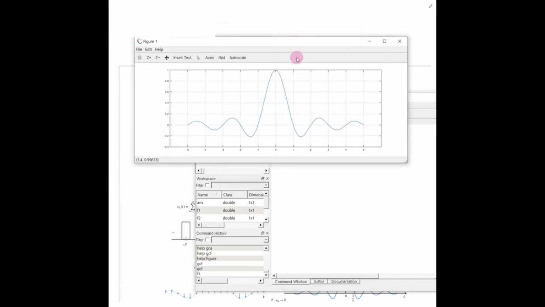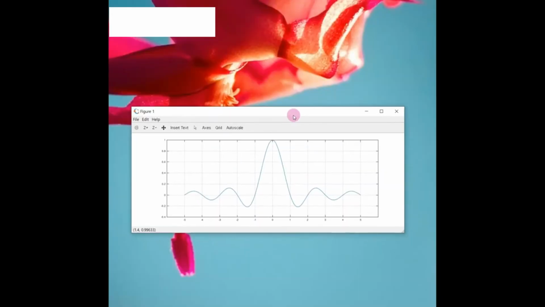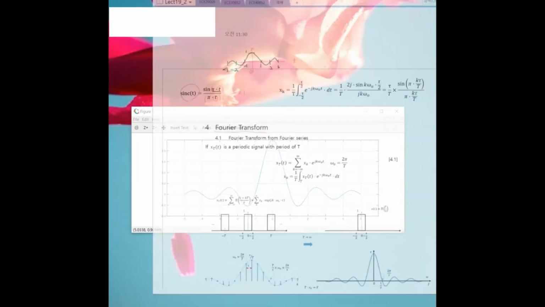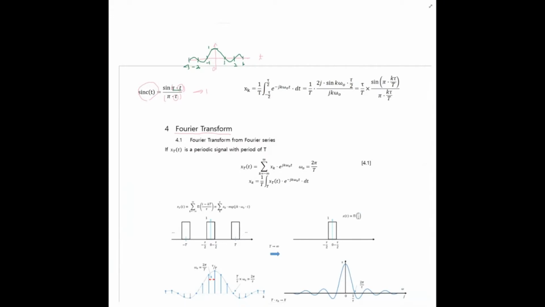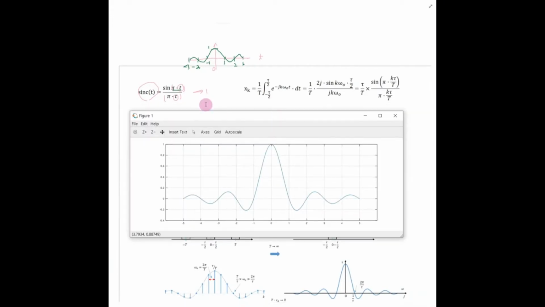Let's look at here. From here I plotted the sinc function, sinc t. At t equals 0 the magnitude is 1, and the first null means the first time it goes to 0, which is this point.